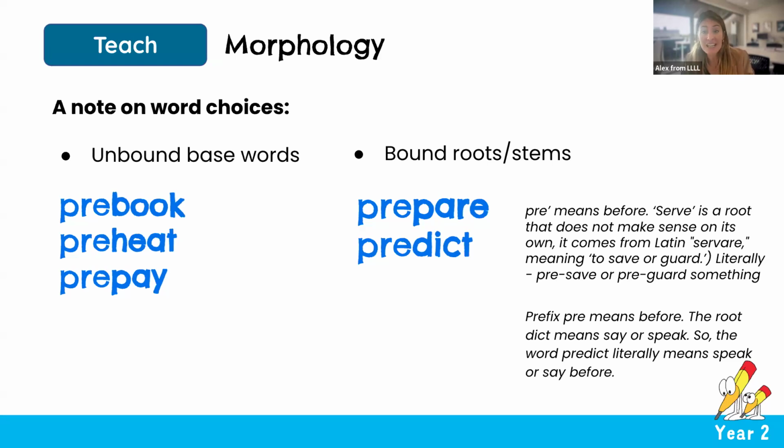So the word predict literally means speak or say before. So to foretell something. So we have these 2 examples here, but I just want to cover that most of the word choices are those unbound base words, to make things much more manageable for you teaching, as this is new instruction really for morphology, and we want to get the meaning of those prefixes and suffixes across.